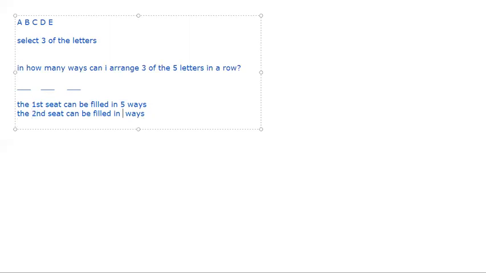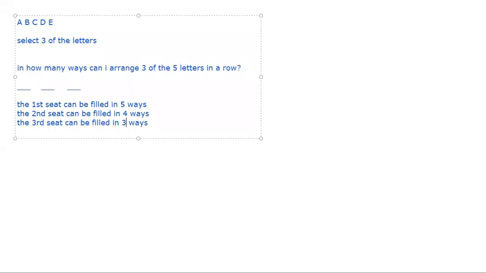It's not 5 ways anymore, it's 4 ways. And the third seat can be filled in again one less way, 3 ways, because 2 letters have already been placed. So till here it is fine. 5, 4, and 3. Number of ways of filling up each position: 5 ways, 4 ways, and 3 ways.